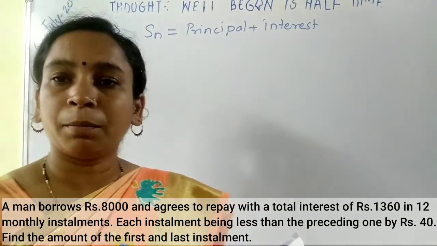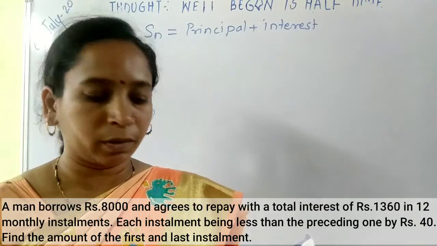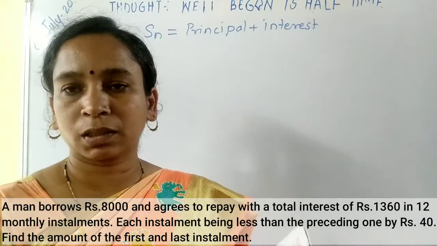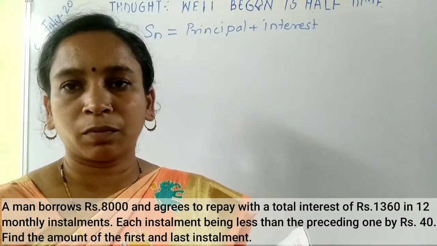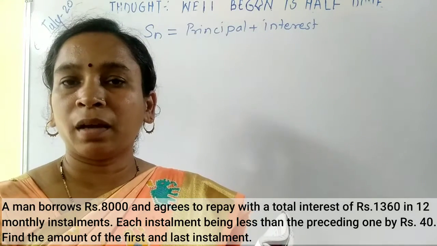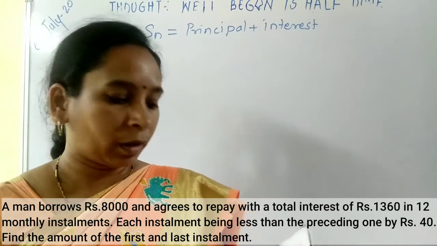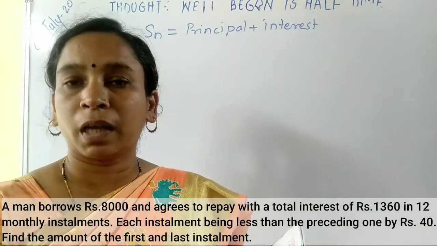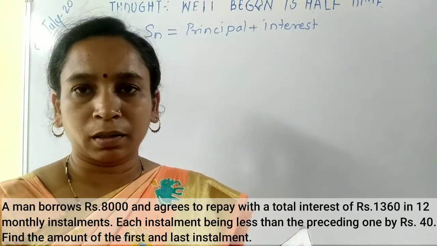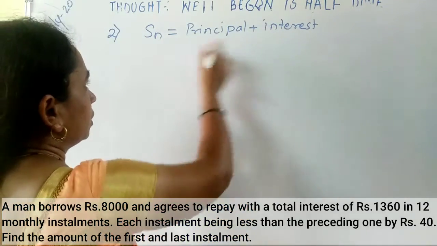In this example, a man borrows 8,000 and agrees to repay with a total interest of 1,360. Here the total amount is not given directly. He has borrowed 8,000 and afterward has to repay with the total interest. So his total sum would be the principal plus interest.